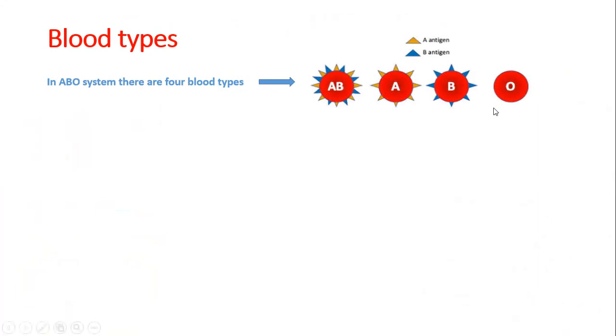Look at the blood type O, which doesn't present any antigen, neither A nor B. In case of B, there are antigens B. In case of A, antigen A. In case of AB, there are 2 types, antigen A and antigen B. These antigens are called agglutinogens.